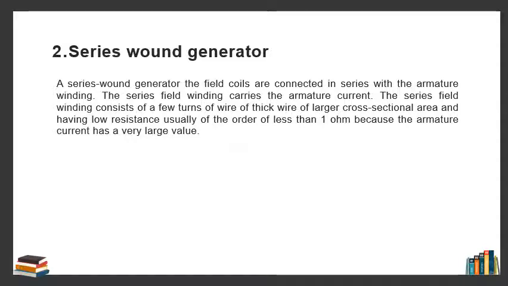So in a series machine, series motor, or series generator, we can simply define that if the field winding is connected in series with the armature winding, the machine is known as a series machine or series DC machine.